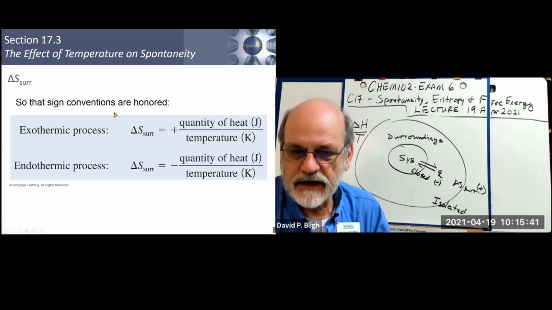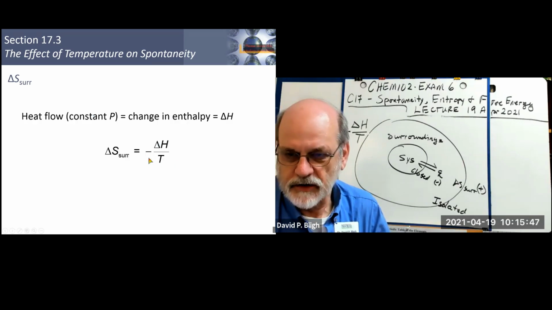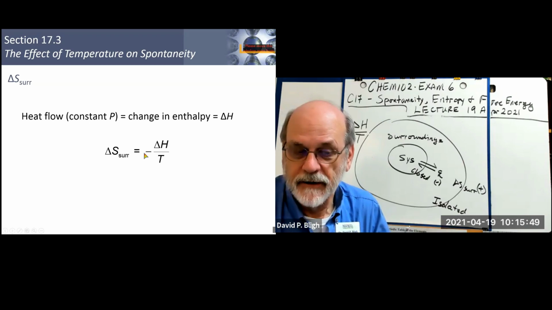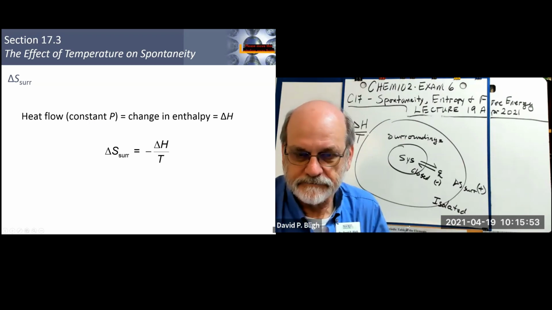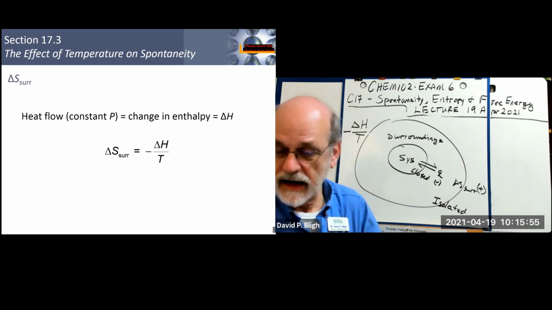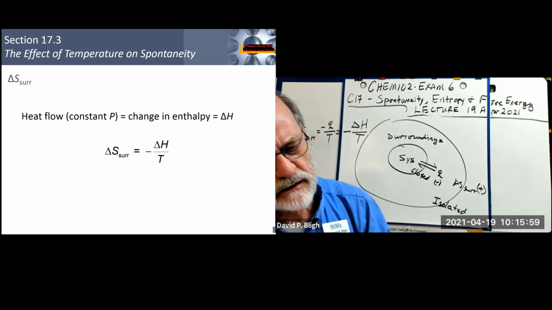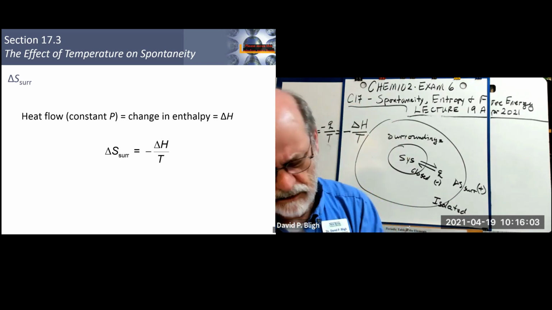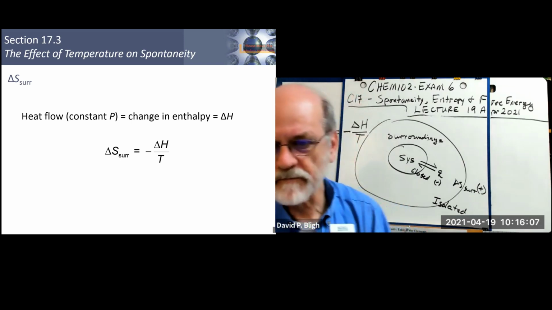So that the sign conventions are honored, we have to use the negative. So here's the formula that we just came up with. And this heat flow occurs at constant pressure. And I'm going to prove that to you in just a minute. Yes, next slide.